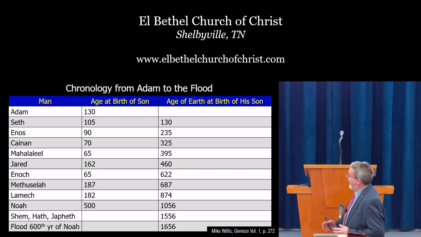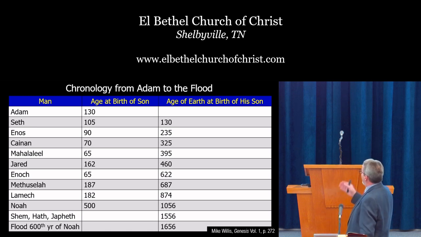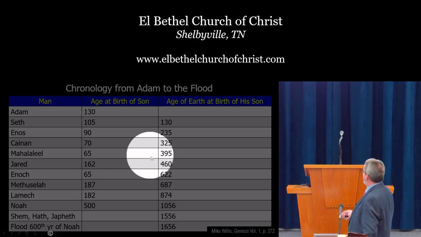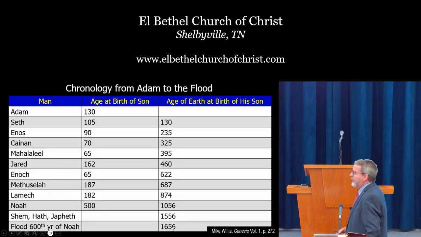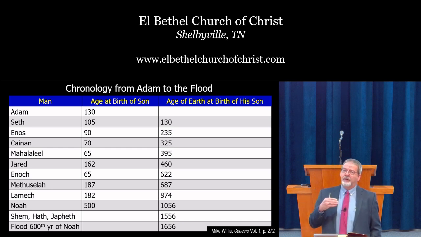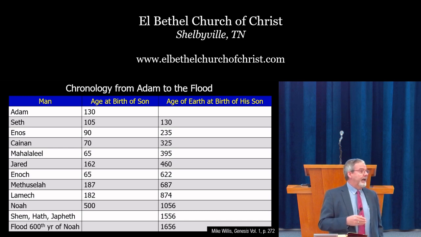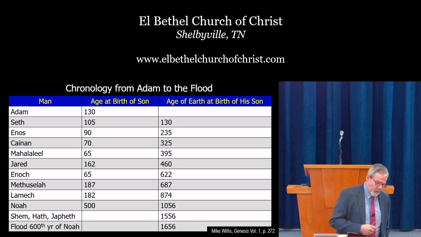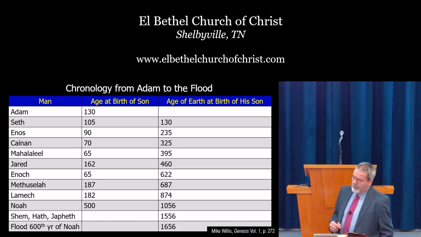So you have, for example, Adam, and then Seth and Enos and Canaan and so on down the line. But what we're interested in, and you might want to make a note of this, is that at the end of chapter 5 this totals up 1,656 years. Is that 1,656 literal years? Yes. I'll tell you why that's the case in just a moment.